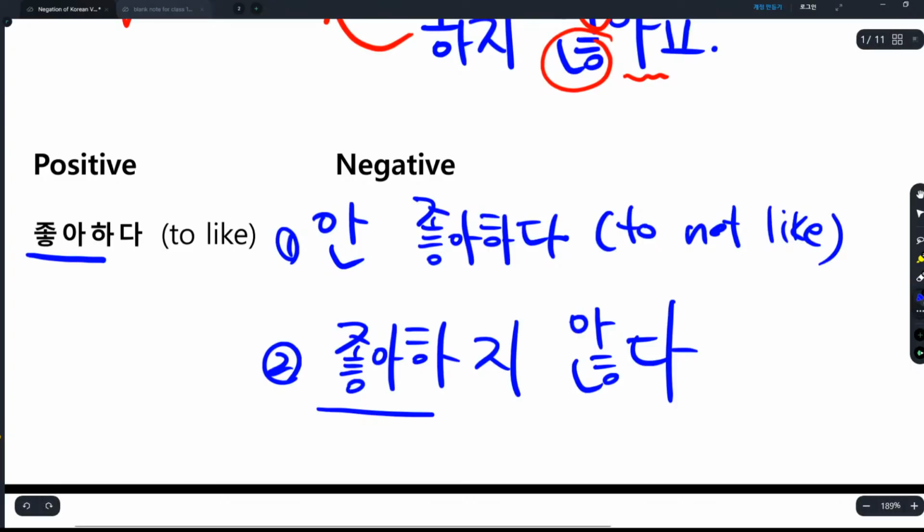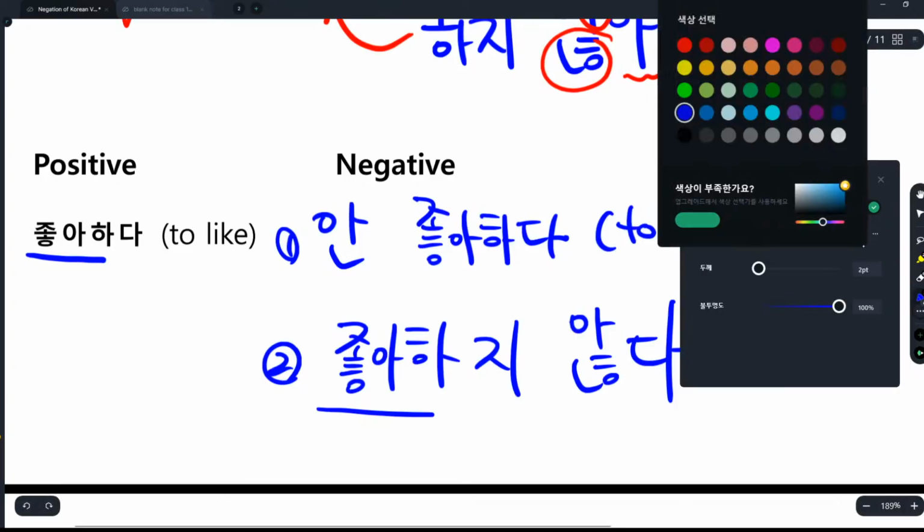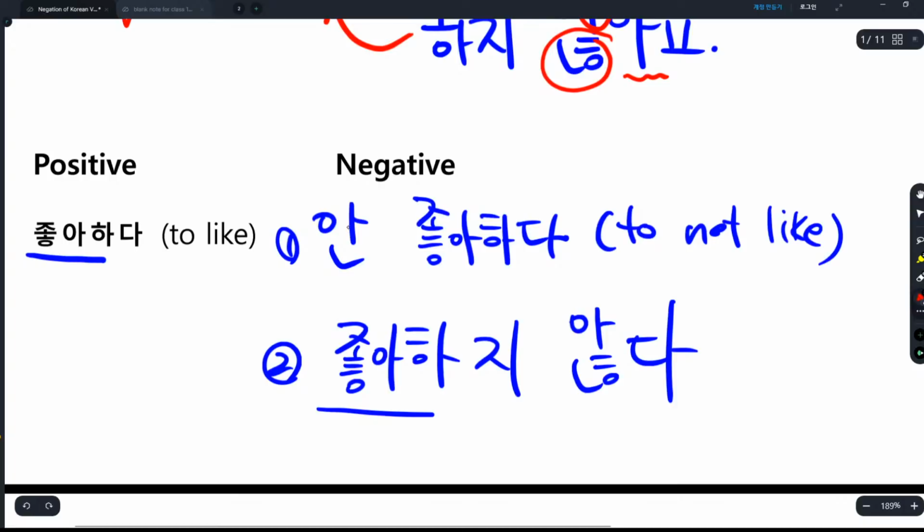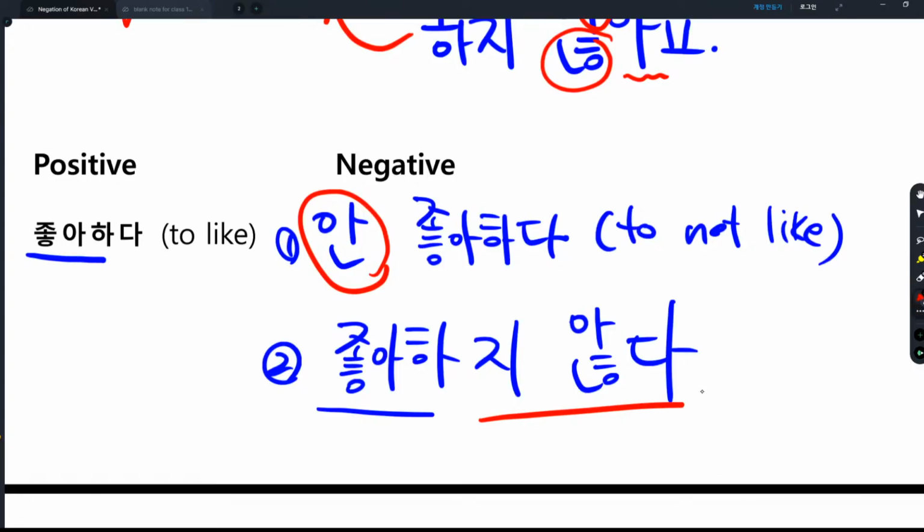So if you guys ask me which one is more commonly used, I would have to say definitely 안. Just putting 안 before the verb would be the more common way than the 지 않다 ending. But that doesn't mean 지 않다 is used much less. It is used commonly as well.